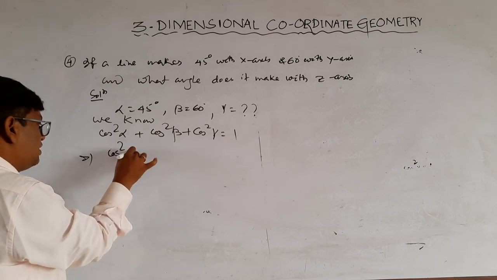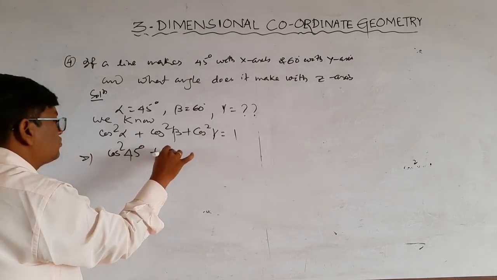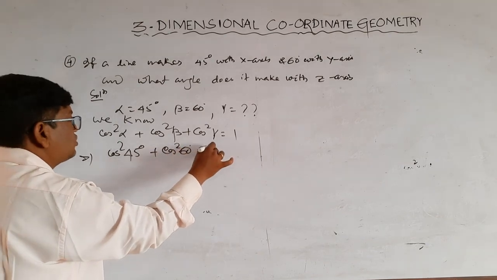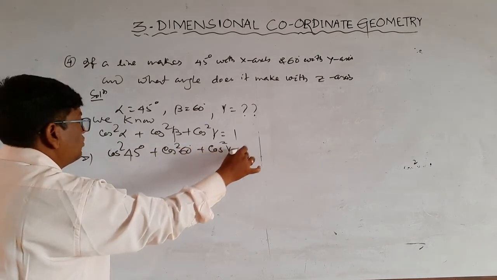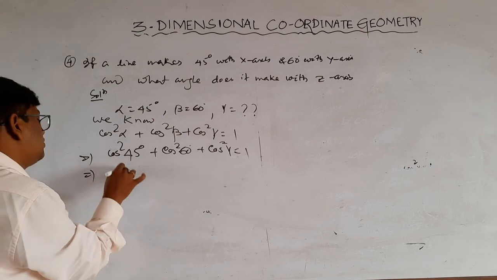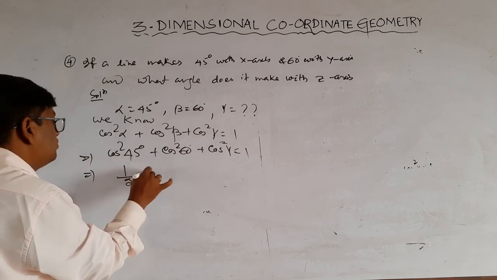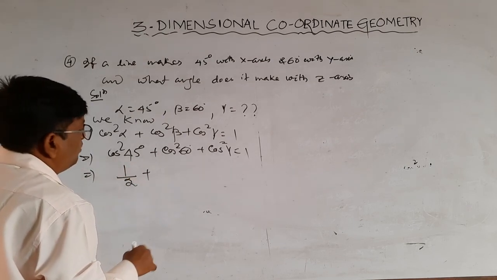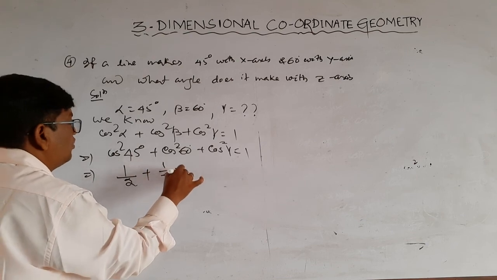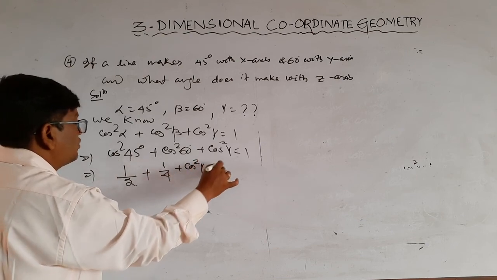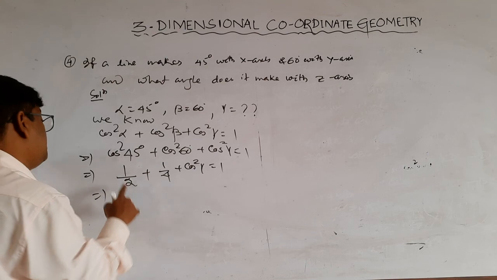Cos square 45 plus cos square 60 degree plus cos square gamma is equal to 1. So this is 1 by root 2 whole square, that is 1 by 2, and cos 60 is 1 by 2 whole square, that is 1 by 4, plus cos square gamma is equal to 1.